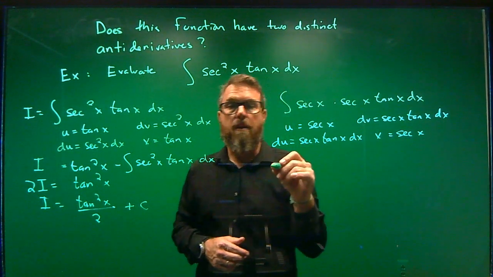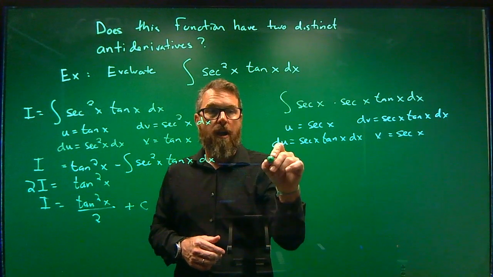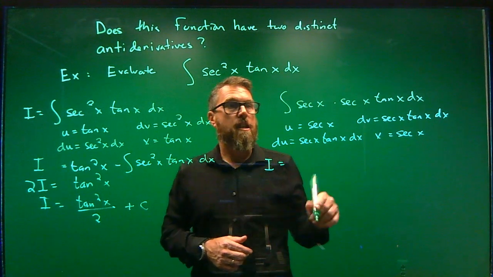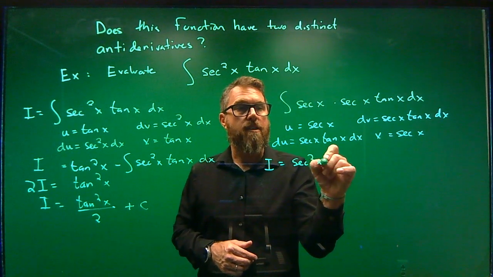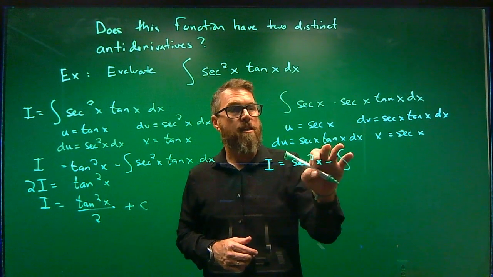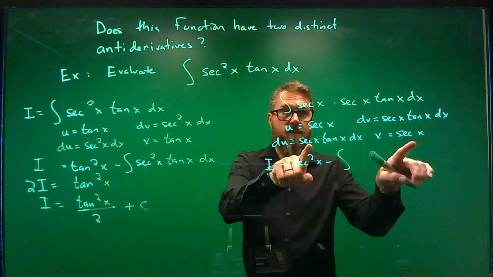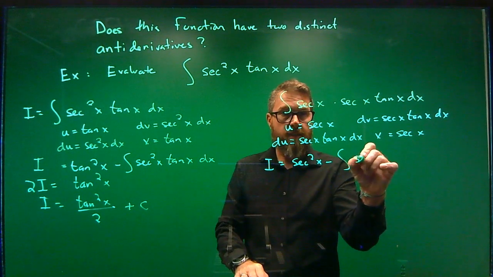So then again, the target integral I is going to be u times v, so we're going to have the secant squared of x minus the integral of v du, which is again going to be equal to the secant squared times the tangent of x.